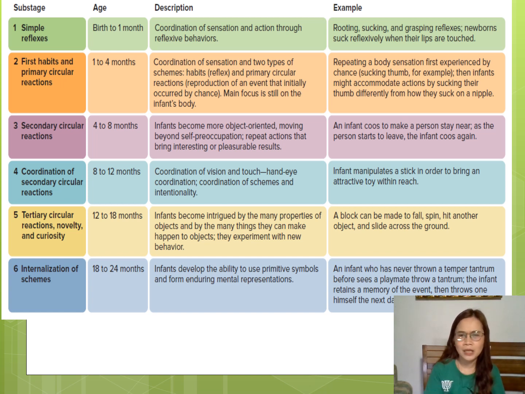Yan. And many, many more. Maraming pwedeng ma-imitate, no, ng infant. Yan. So, dito na yon, ini-internalize na yung mga scheme na natututunan nila coming from the environment. So, that's it. That is the sensory motor substages.